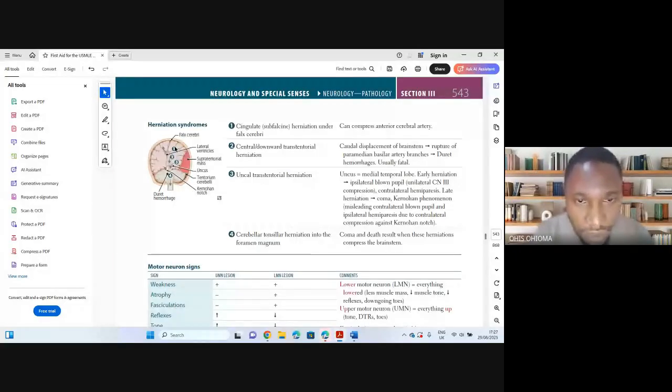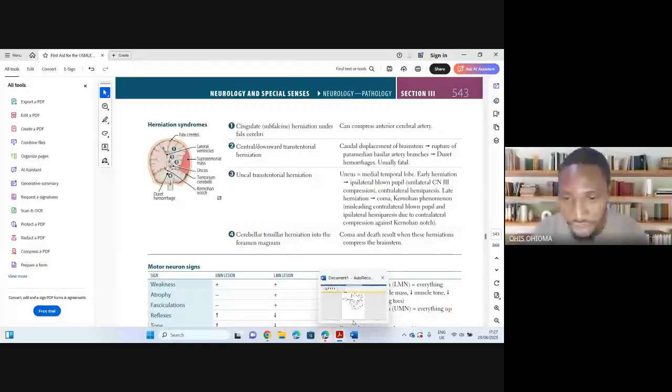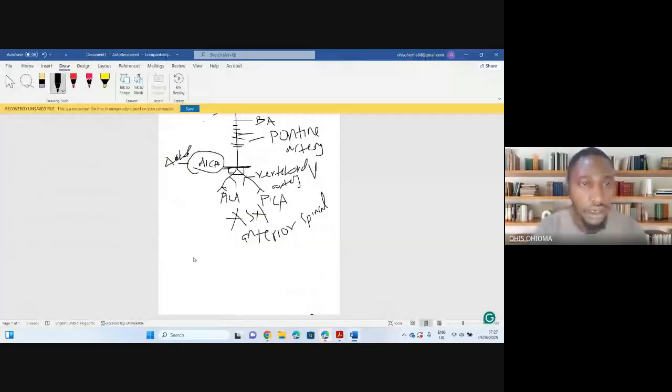So we have four types of herniations, the herniation syndromes. We have the cingulate, which is C. I call it the subfalcine. And then I have the tonsillar, or cerebellar, herniation.